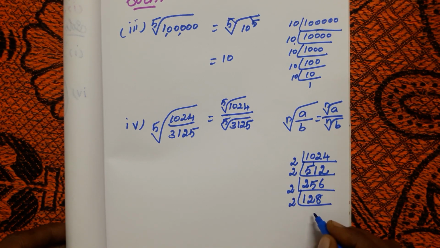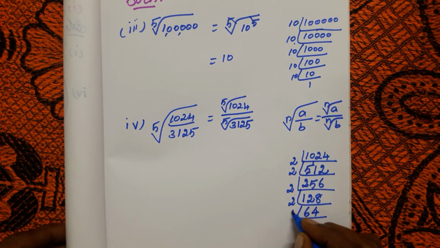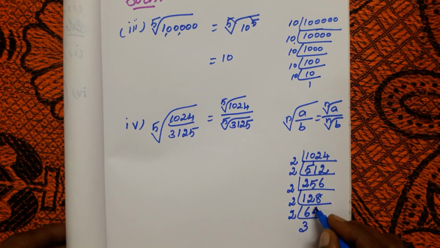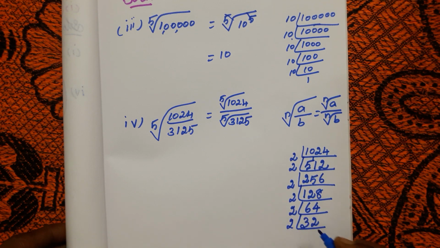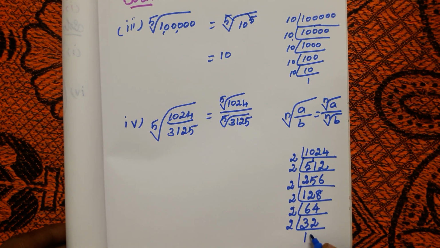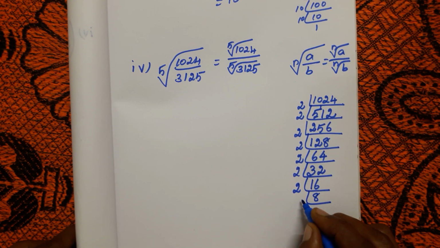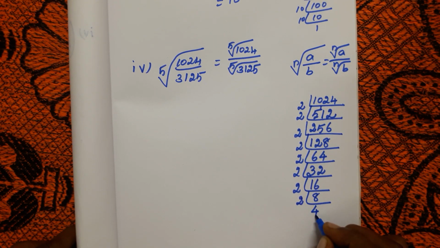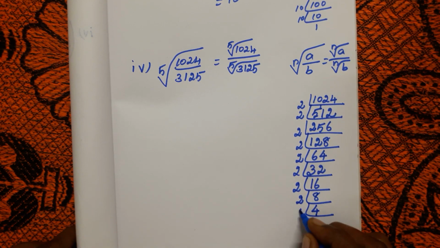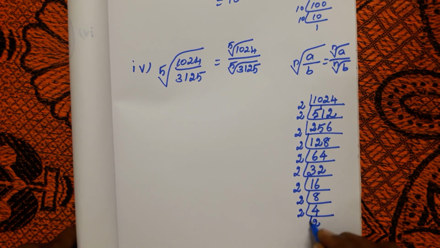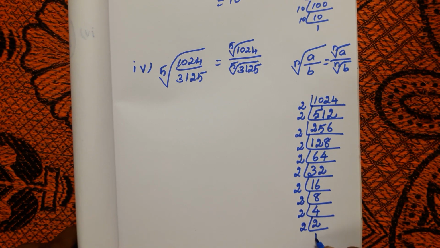Again, 2 table when we are factorizing. 6 2s are 12. 4 2s are 8. Again, we can factorize with 2 table. 3 2s are 6. 2 2s are 4. Again, 2 table. 1 2 is 2. 6 2s are 12. Again, 2 table factorizing time. 8 2s are 16. 4 2s are 8. 2 2s are 4. 1 2 is 2.